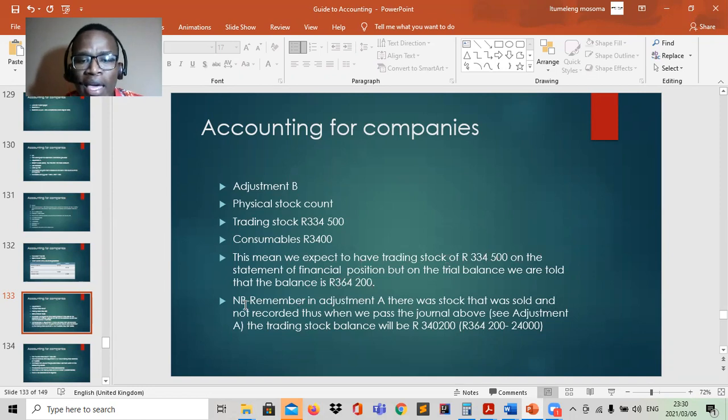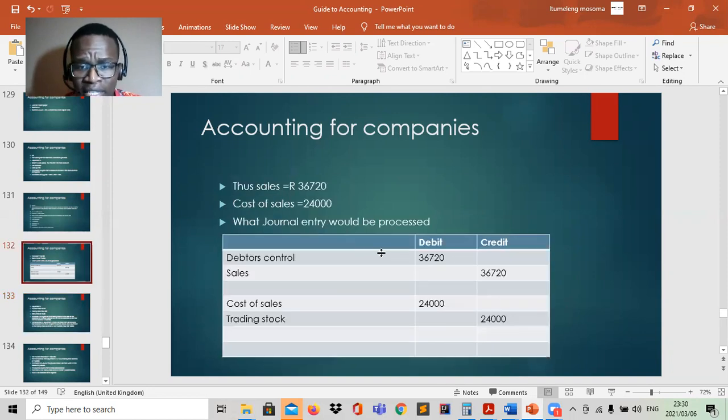So remember, in adjustment A, there was stock that was sold and not recorded. That's when we passed the journal above. As you can see here, when we passed the journal above, we credit trading stock because the stock is going out, and debit cost of sales, right?